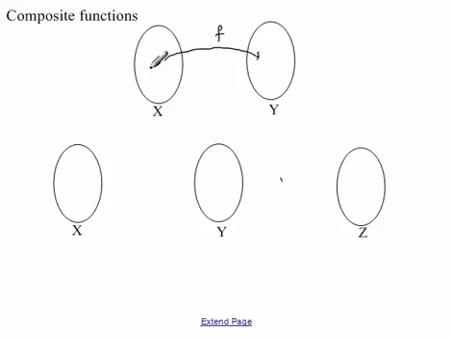Here is a set X, and the elements of the set Y. This function will assign a value y to a value x, in such a way that if you give an x here, we must have a unique y, which we call the value of the function at x. Is that right? We said that.